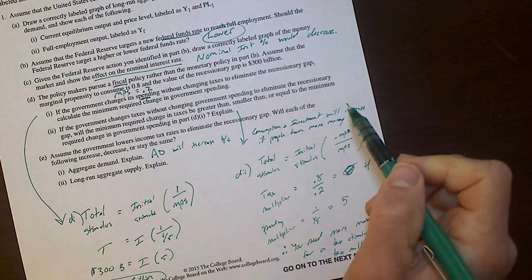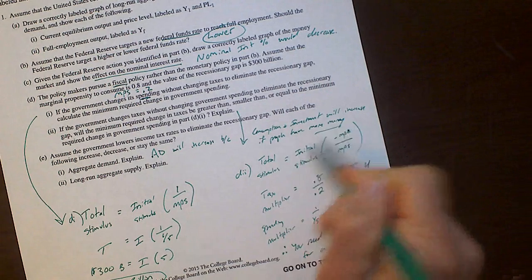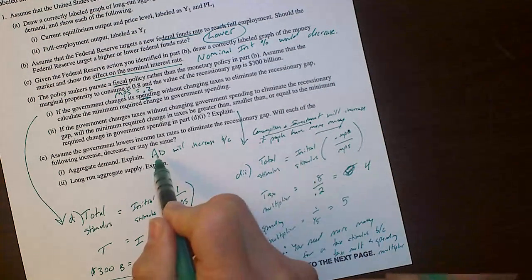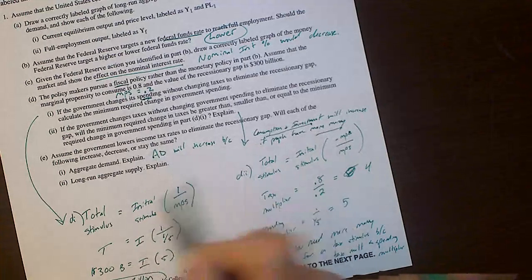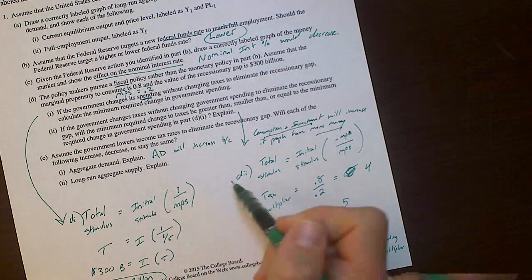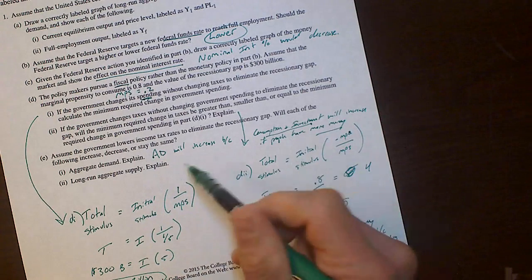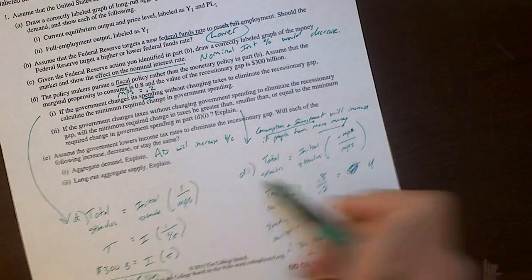So if we decrease income taxes, people have more money, and when they have more money, consumption and investment increases, and aggregate demand is built on C plus G plus I plus NX. And so we have two of those variables that could be going up, and so aggregate demand goes up.